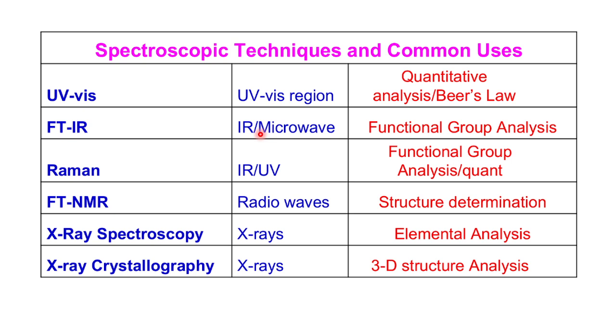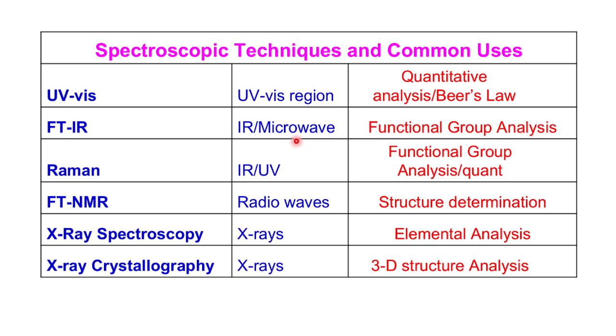For UV-vis, it is obviously UV-visible radiation, and the principle is Lambert-Beer's law. Based on this law, the UV-vis analysis is done. FTIR is based on functional group analysis, to determine the different functional groups present on any substrate or material, and the radiation used is IR.